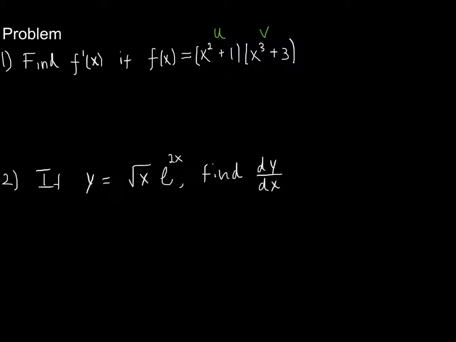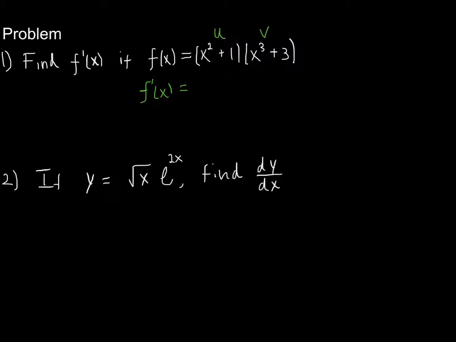So I want to take the derivative, so f prime of x, and since I've memorized this, or if I'm a student just learning for the first time, I have this rule right in front of me. I know to take the derivative of a product, I need to take u, multiply it by the derivative of v, and then add that to v times the derivative of u.